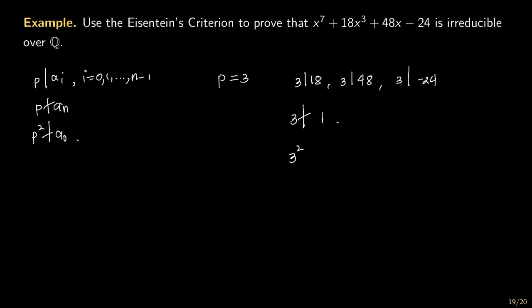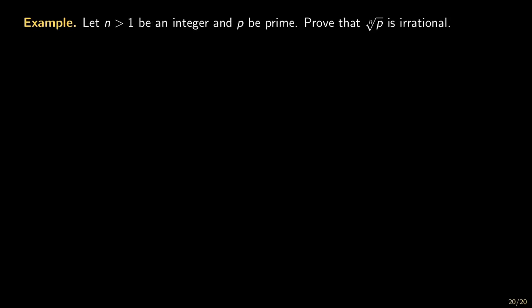And 3 squared, which is 9, does not divide the constant term negative 24 as well. So therefore, by Eisenstein's criterion, this cannot be reducible, therefore it is irreducible over Q.